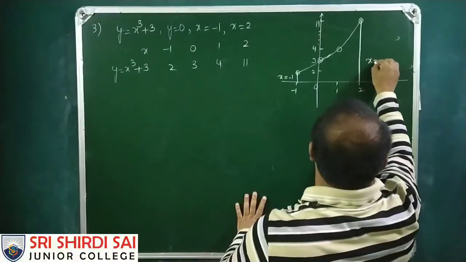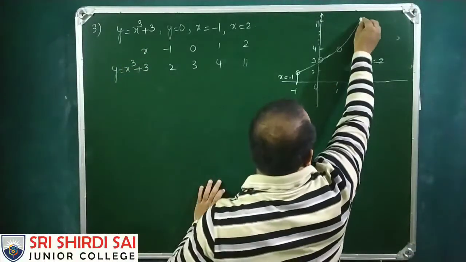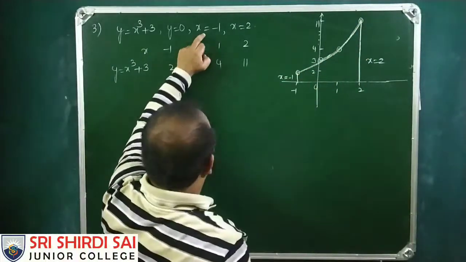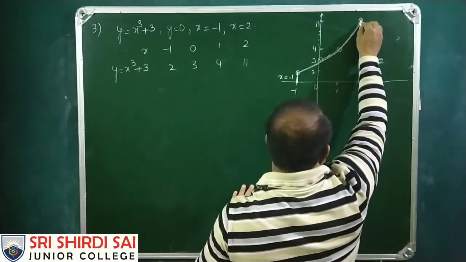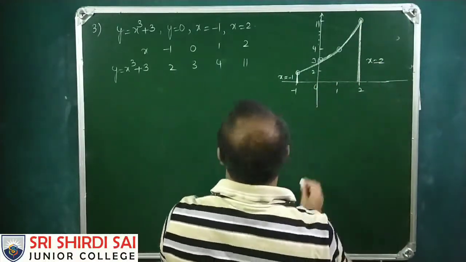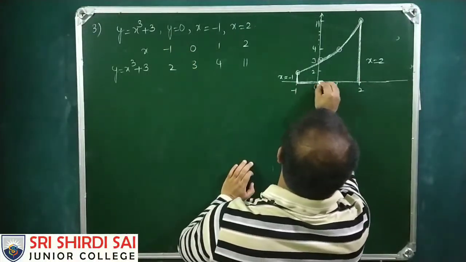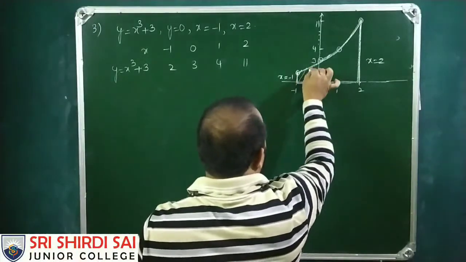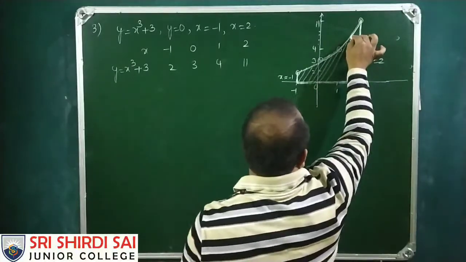Now listen, y equals x cube plus 3 is this curve, x equals minus 1 and x equals 2 are the vertical lines, and y equals 0 is this x-axis. Y equals 0 is the equation of the x-axis. Therefore, this area we are required to find.